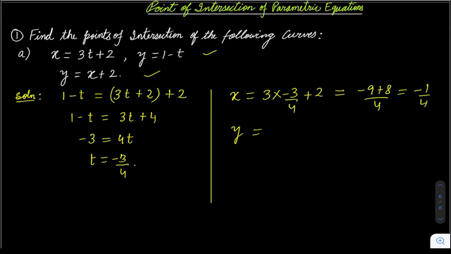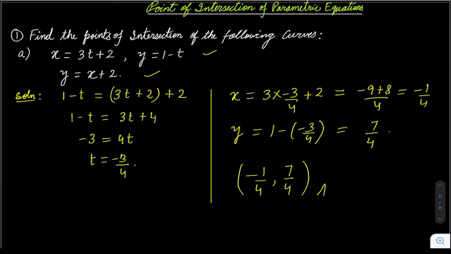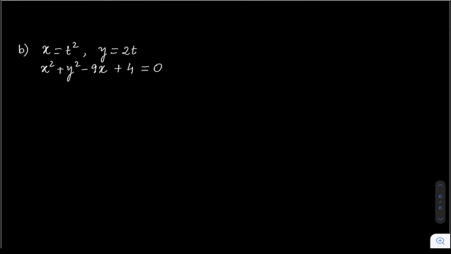And what is my y value? y is 1 minus t, so 1 minus t gives you 7 over 4. So my point of intersection is minus 1 over 4 comma 7 over 4. This is my answer, and this is how you can find the point of intersection. Let's try some more questions.